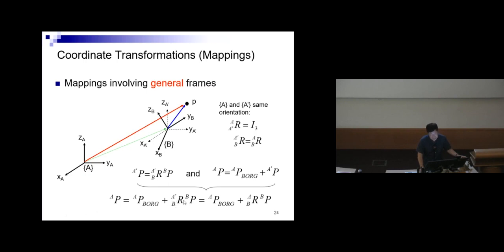So this is A prime B R BP, and we know that A prime B R is equal to ABR, so you can simply put AP B origin plus ABR BP. Okay? So this is the final answer. We have AP equal to AP B origin plus ABR BP.